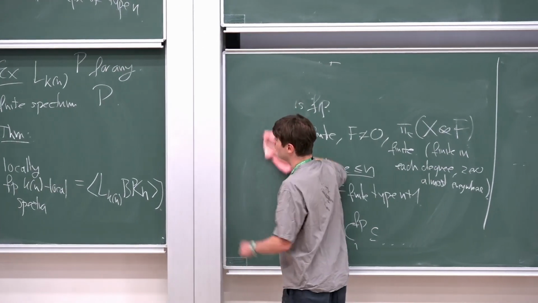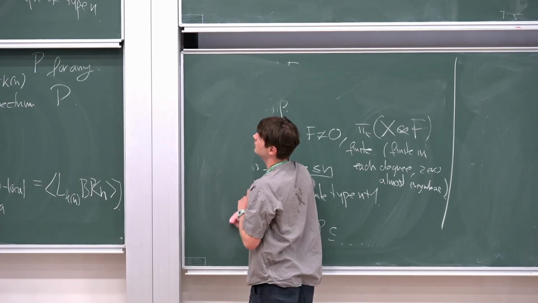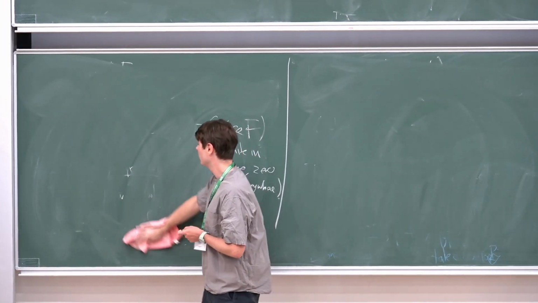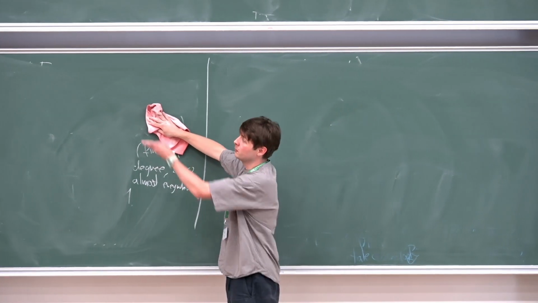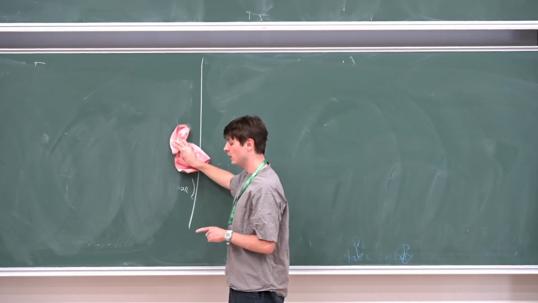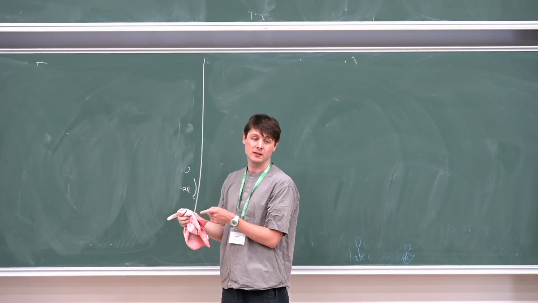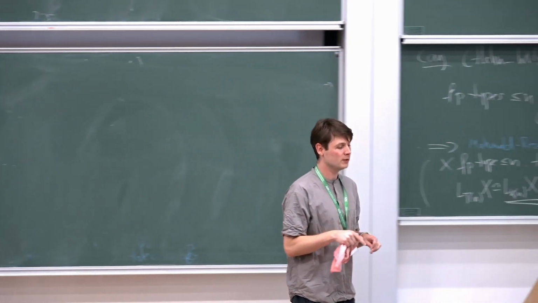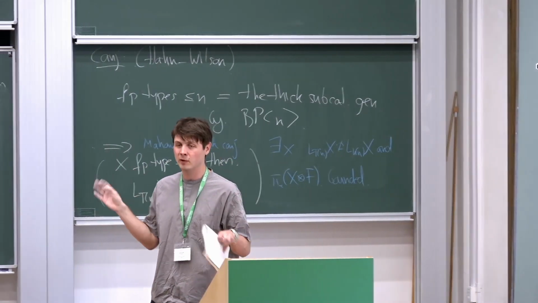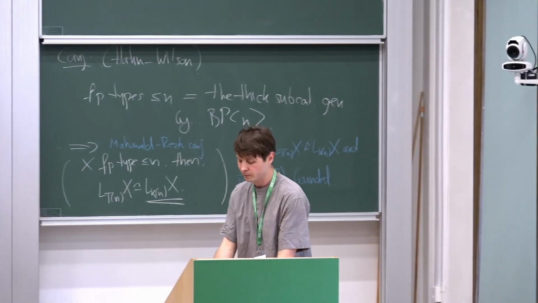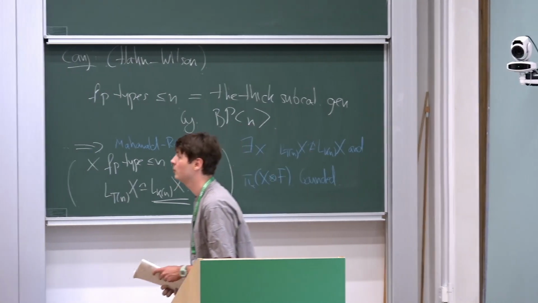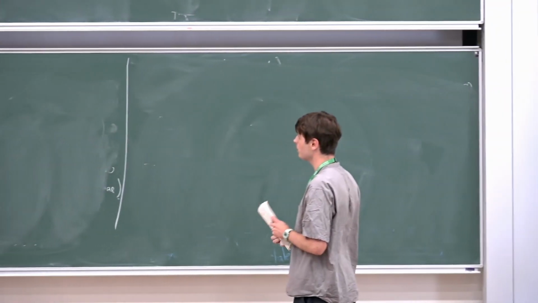So I know about the case where k is different than n, but if you start with something which is of fp type less than n, then it's also of fp type n, so it will still satisfy this theorem. And if it's of fp type larger than n, then it's 0 after Kn localization. So you can consider what happens below n, but as soon as you go above n, there's nothing Kn locally. But I haven't actually thought about what happens for smaller n. I think that would be a very interesting question.